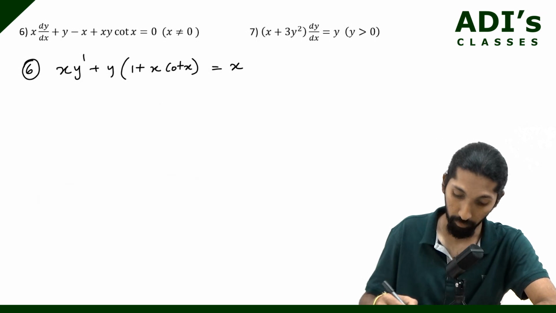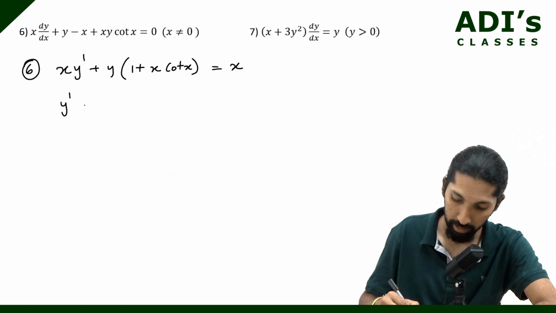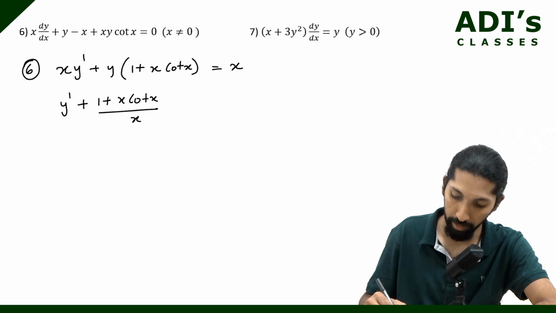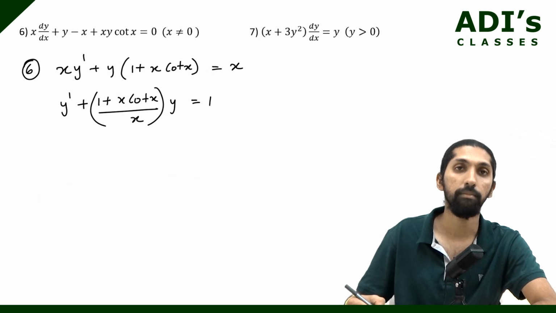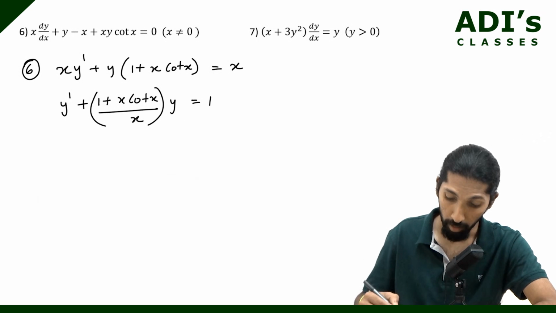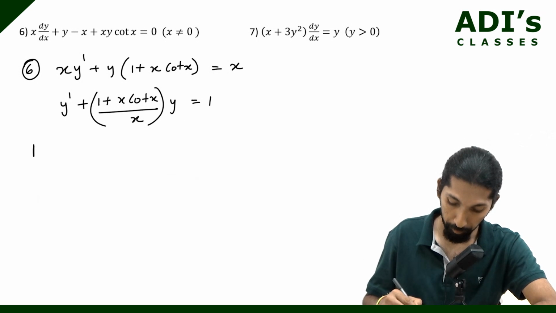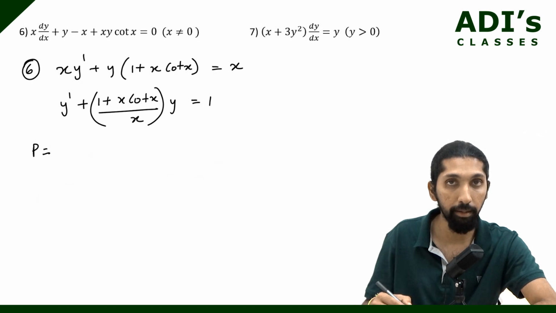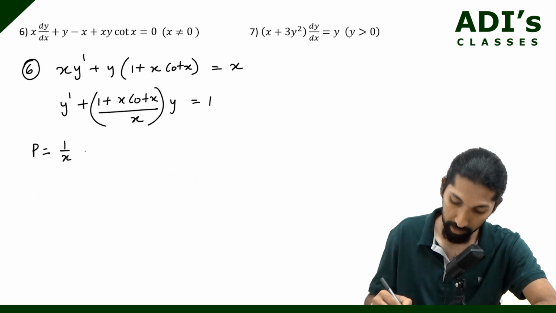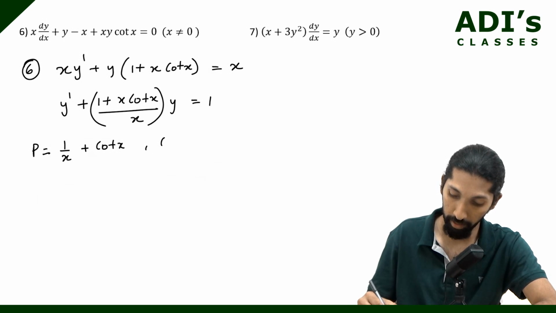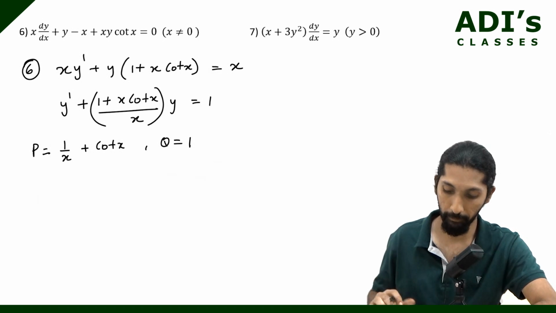Divide. Basically y dash plus 1 plus x into cot x divided by x into y is equal to 1, right? So what is p? P is going to be, individually divide, 1 by x plus cot x, right? And q is basically 1.